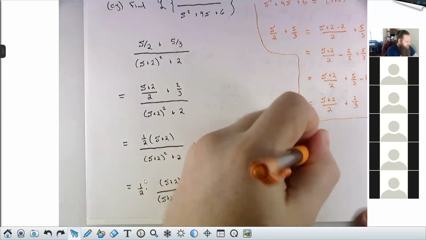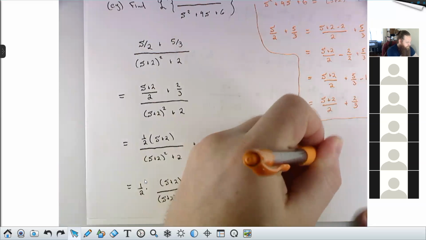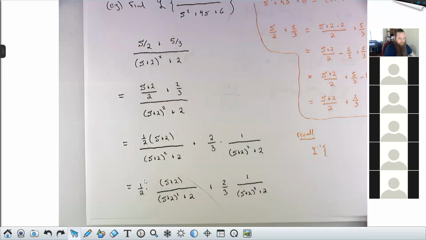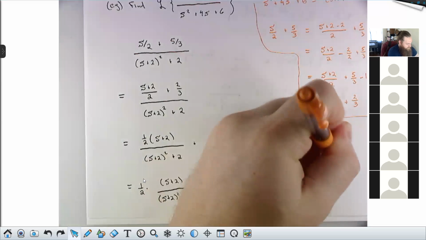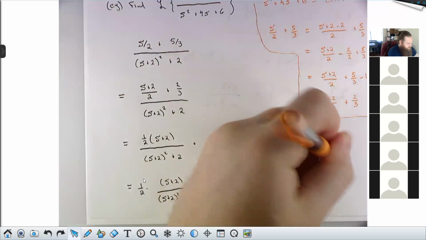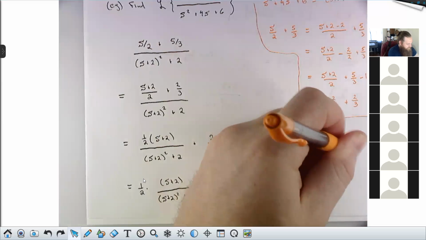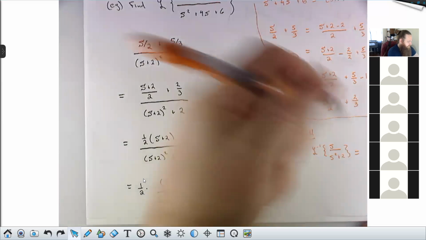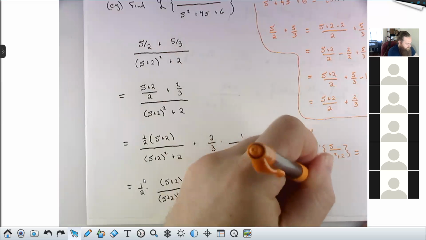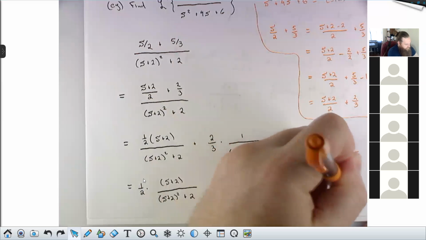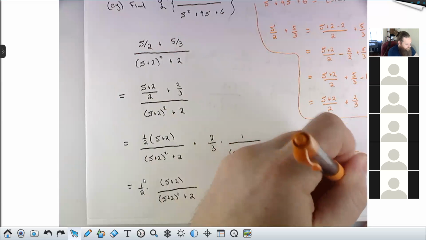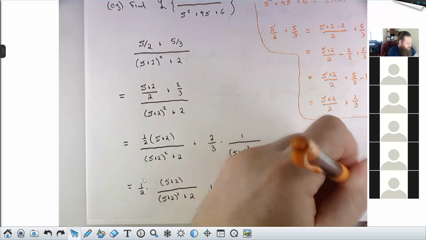Recall that the inverse Laplace transform of s over s squared plus 2 would be something, and the inverse Laplace transform of 1 over s squared plus 2 would be something.